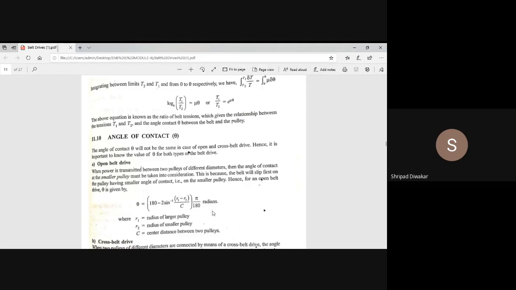You have to express it in radians. R1 is the radius of the bigger pulley, R2 is the radius of the smaller pulley, and C is the center distance. To convert from degrees to radians, multiply by pi by 180.